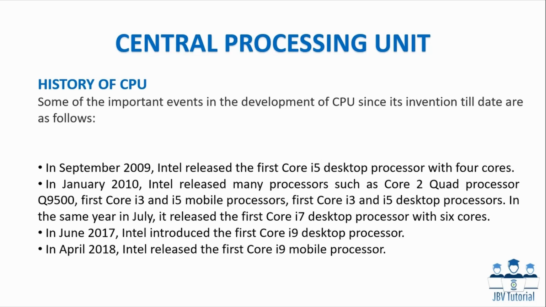In January 2010, Intel released many processors such as Core 2 Quad processor Q9500, first Core i3 and i5 mobile processors, first Core i3 and i5 desktop processors. In the same year in July, it released the first Core i7 desktop processor with 6 cores. In June 2017, Intel introduced the first Core i9 desktop processor. In April 2018, Intel released the first Core i9 mobile processor.